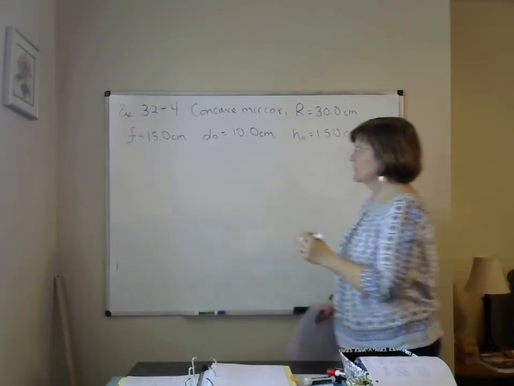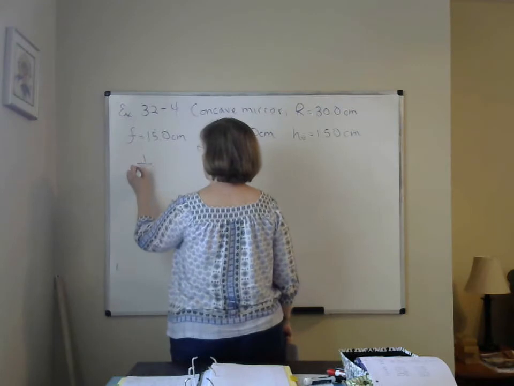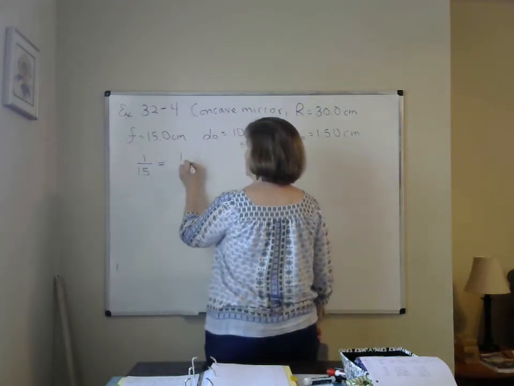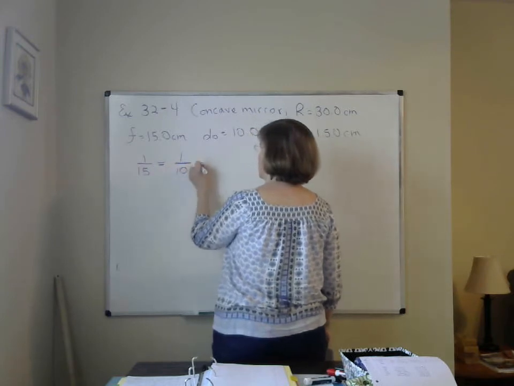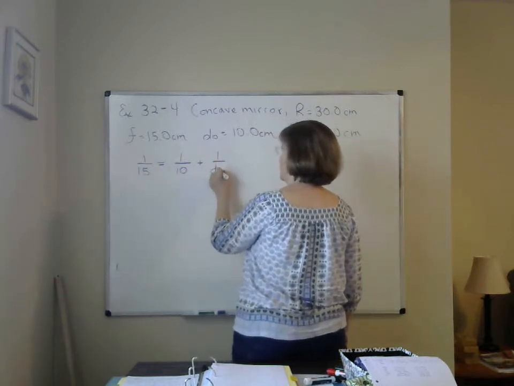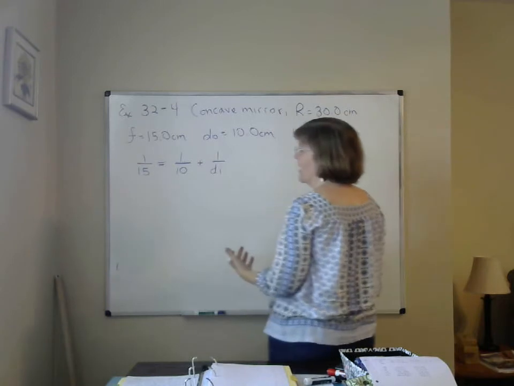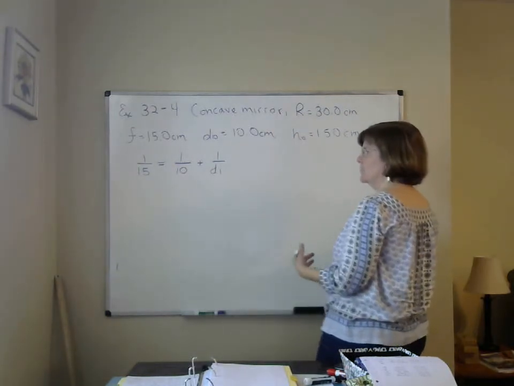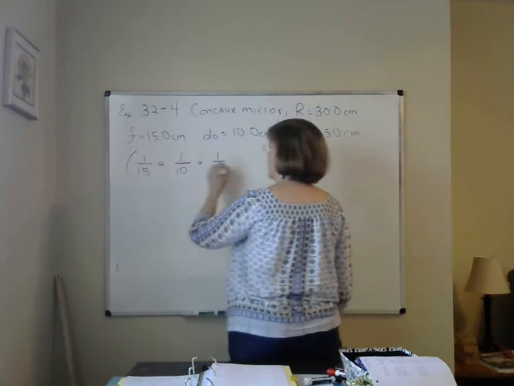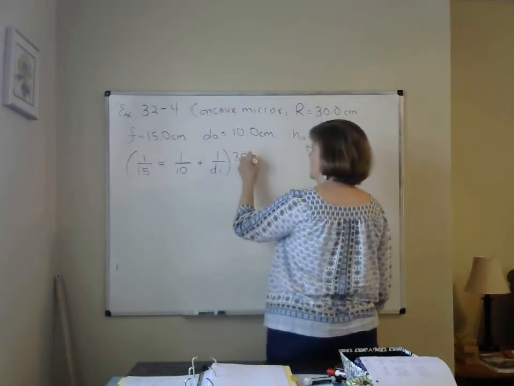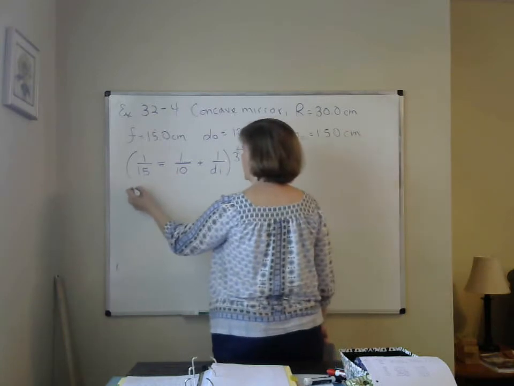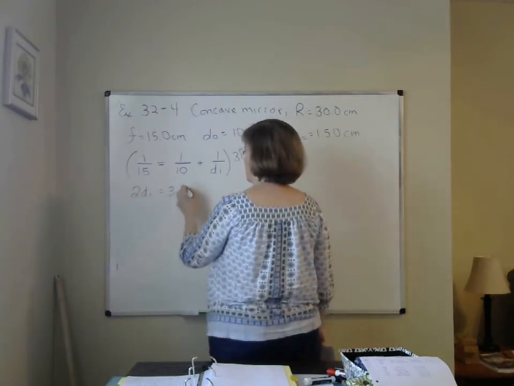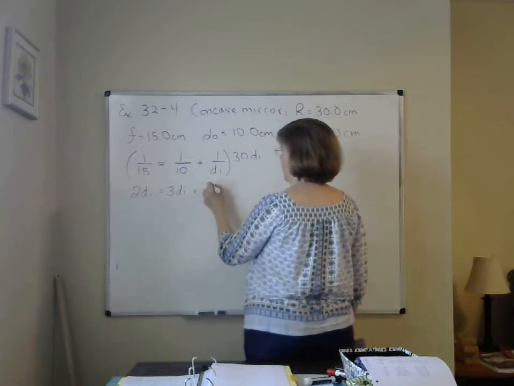So now when we do this, 1 over f, so 1 over 15, equals 1 over the object plus 1 over the image distance. This time, if I wanted a common multiple for 15 and 10, I could use 30. So the least common multiple is 30 di. So I'm going to get 2 di equals 3 di plus 30.